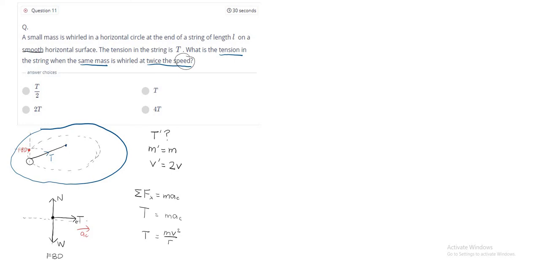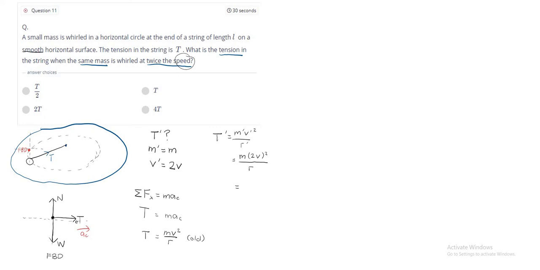So this is the old situation. Then let's try to do one for the new situation. Let's do m prime v prime squared over r prime. And as we say, m prime is equal to m, v prime is equal to 2v, and it's the same string, so the r should be the same.